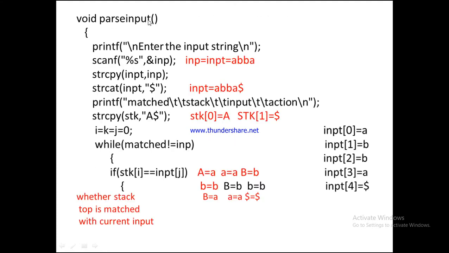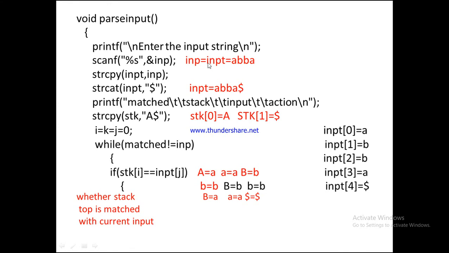So here consider this particular function. Initially we are entering the string. So what is that string? ABBA is the given string. Here I am considering two variables, INP and INPT, both equal to ABBA. Initially we are reading into INP.